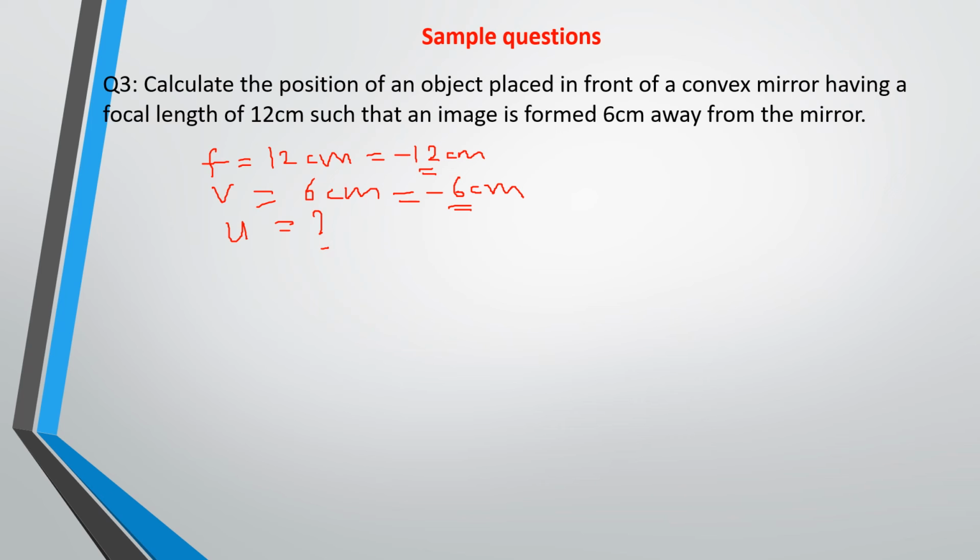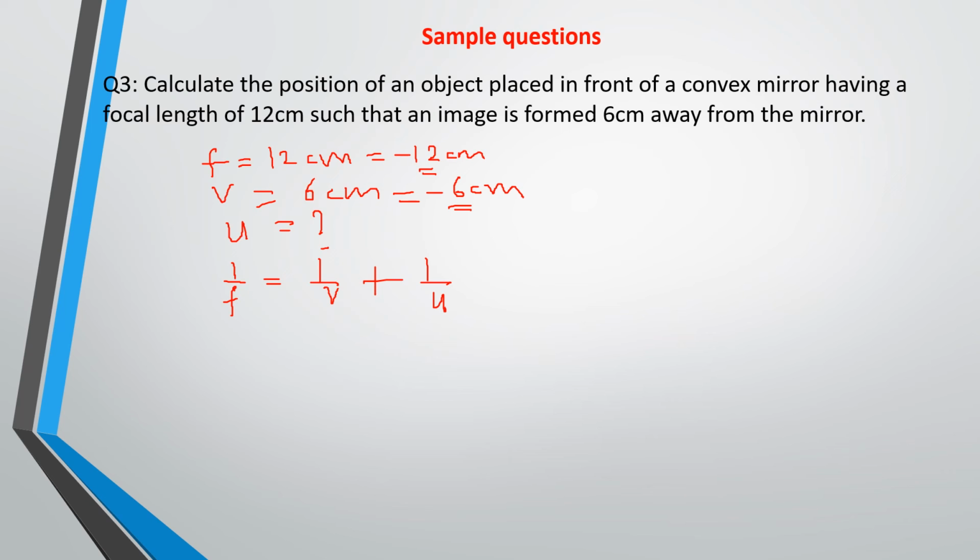Using the mirror formula, we'll say that 1 over F is equal to 1 over V plus 1 over U. We want to substitute our information into the equation.